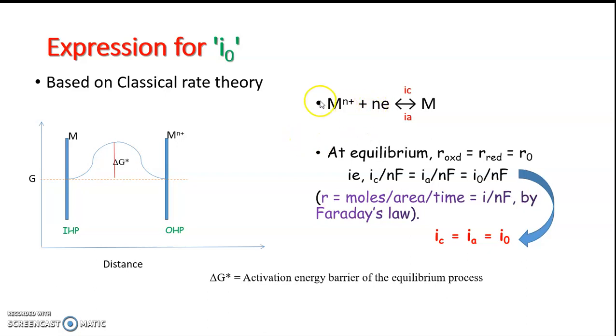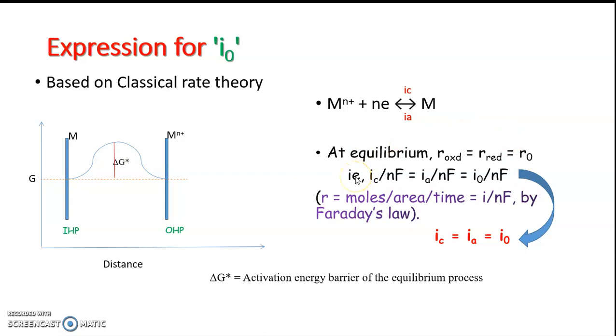In this reaction, the forward reaction is the reduction and the backward reaction is the oxidation, producing IC and IA current densities respectively. At equilibrium, the rate of forward reaction or rate of reduction is equal to the rate of oxidation or rate of backward reaction and becomes R0.